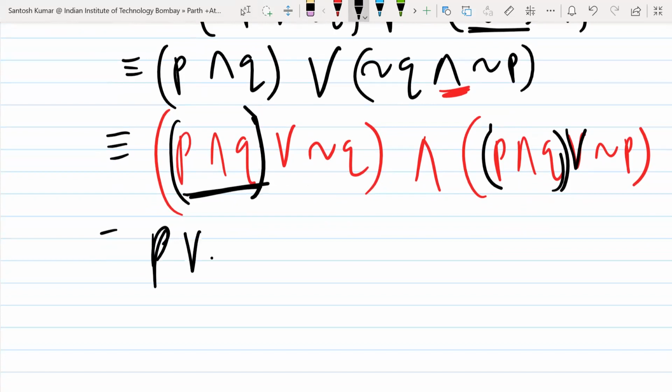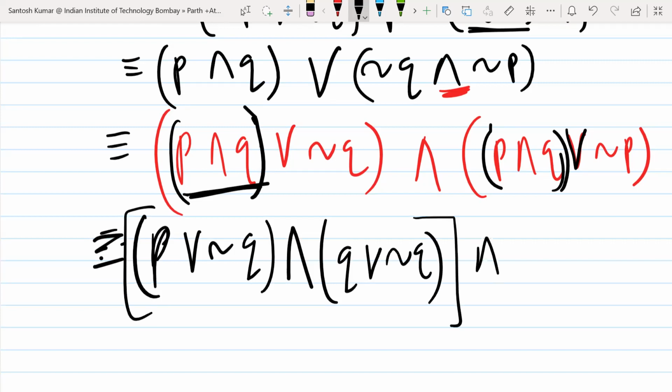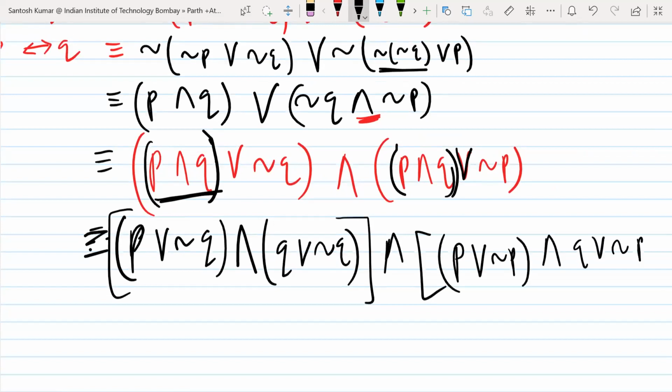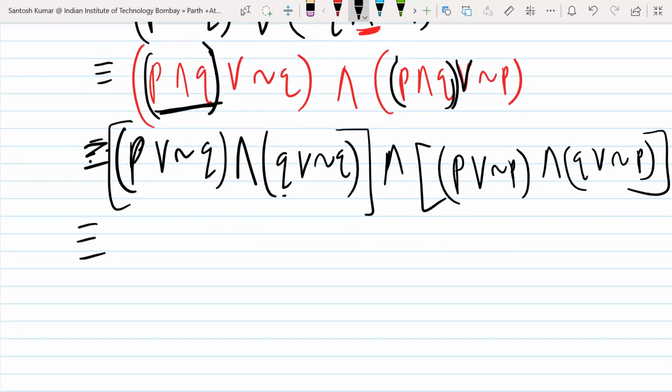So P or not Q, P or not Q, and Q or not Q. This is the first term, and the same thing you do for the next: P or not P, and Q or not P. So look, what is Q or not Q?